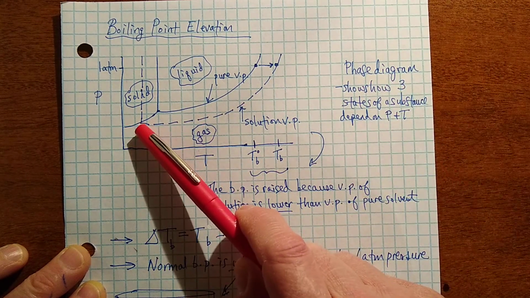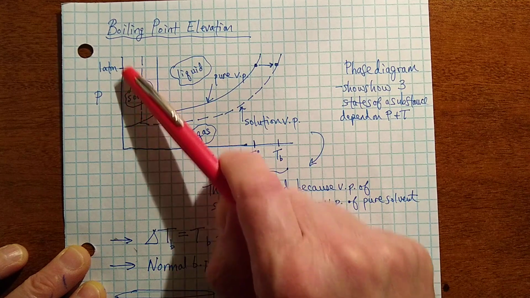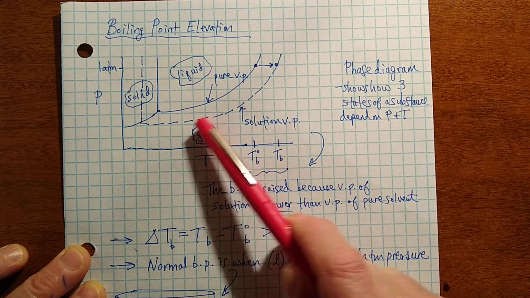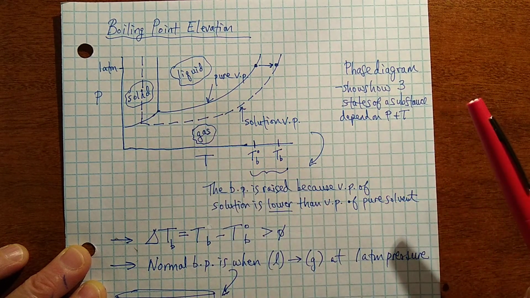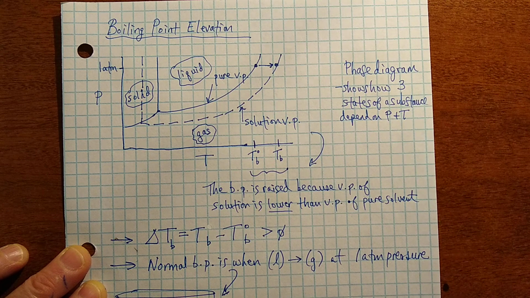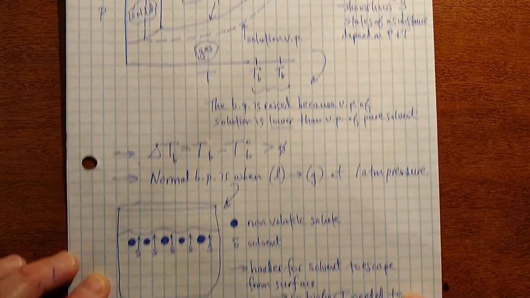So when the vapor pressure of a solution is dropped, its phase diagram is shifted to this dotted surface here, which means that the conditions under which it exists as a solid, liquid, and gas are now altered versus the pure solvent. So that's the key to the whole thing.